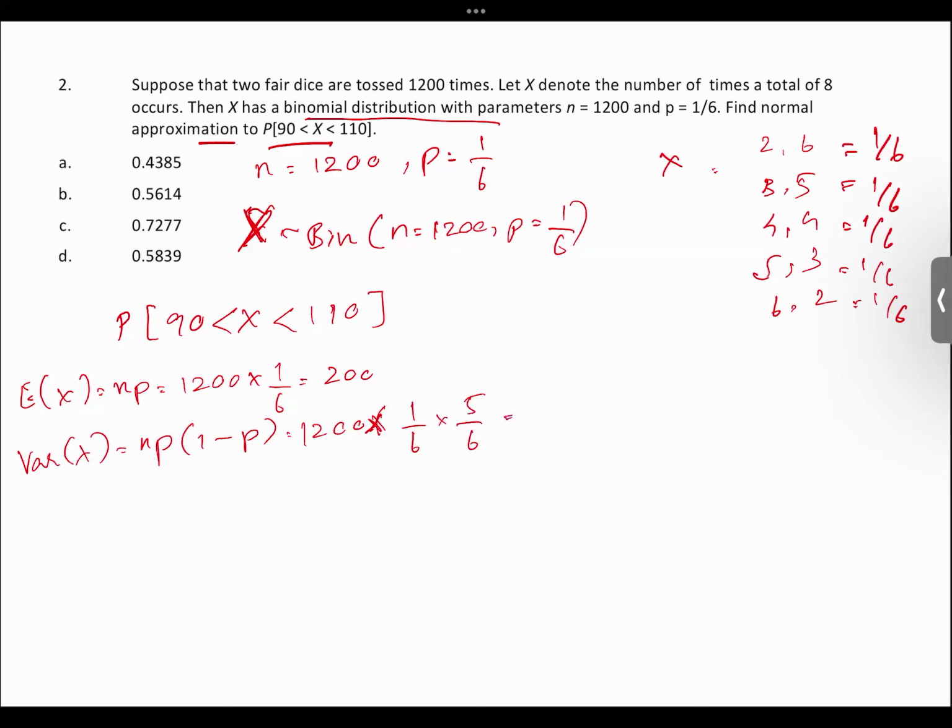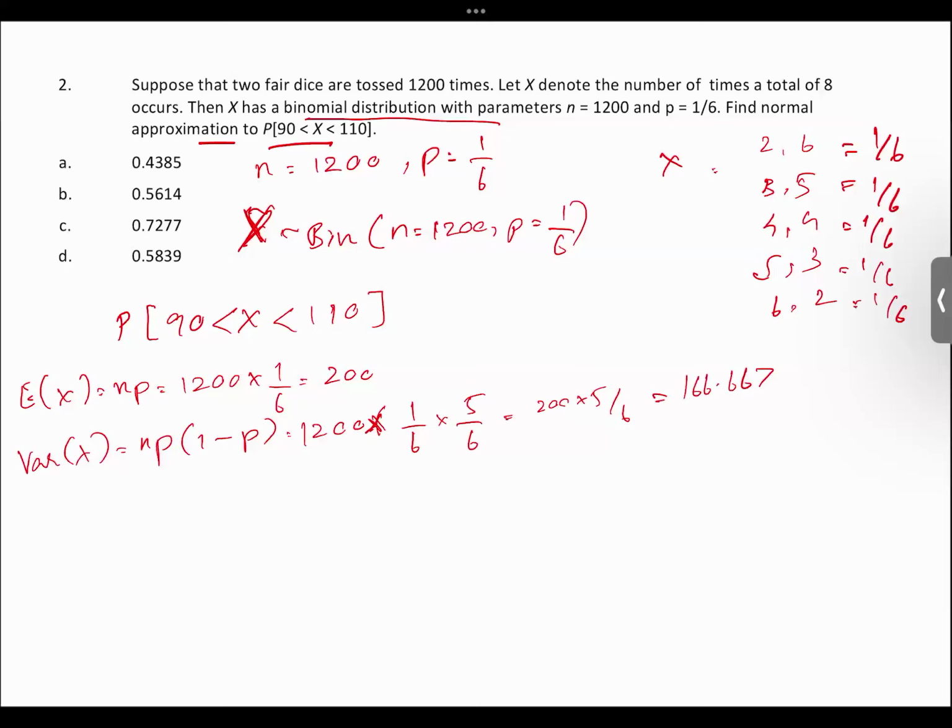So you'll have 200 into 5 by 6. What is that? Let me just calculate. 200 into 5 by 6 is 166.667.